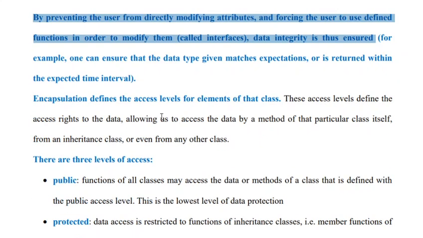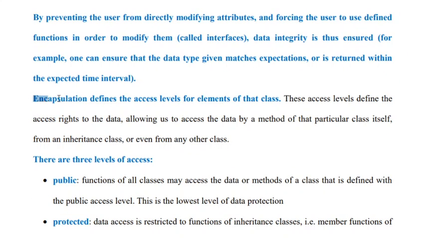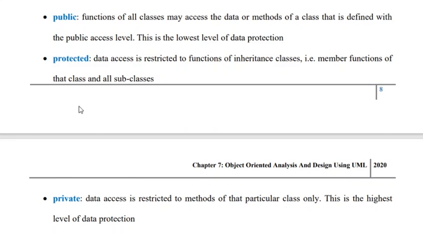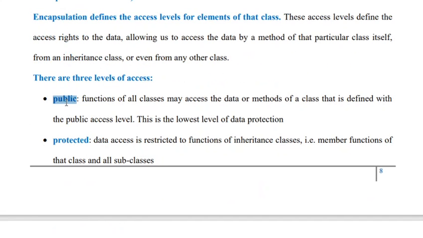There are different types of access specifiers, or different labels of access, associated with encapsulation. We have public, private, and protected, as you already know. Public basically means members are accessible outside the class.